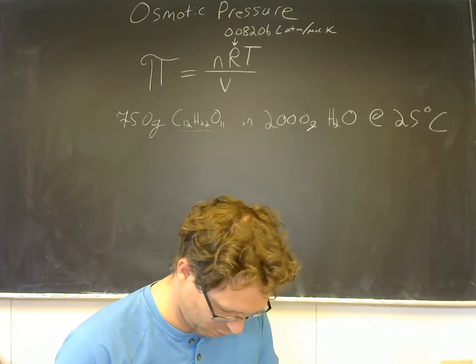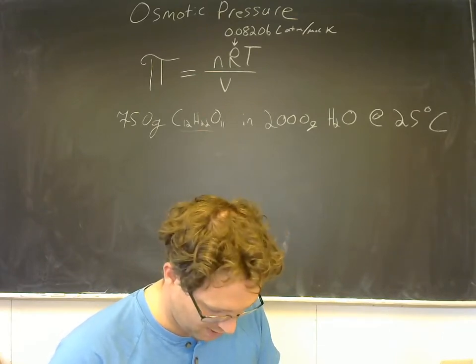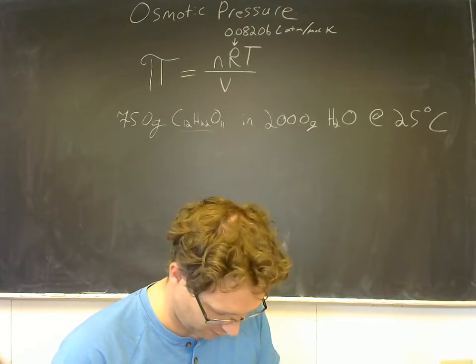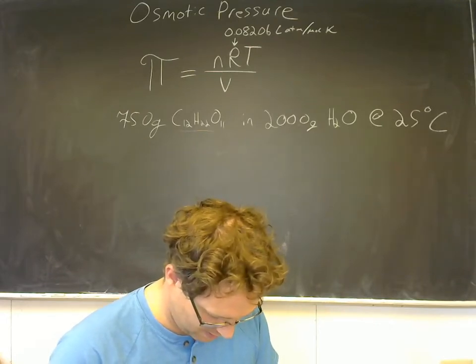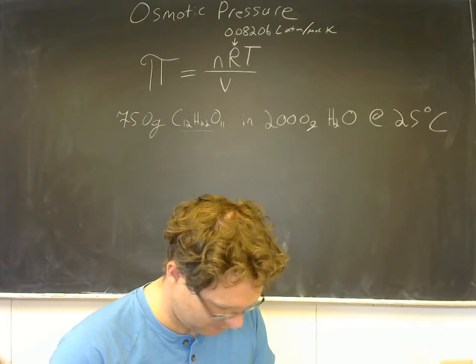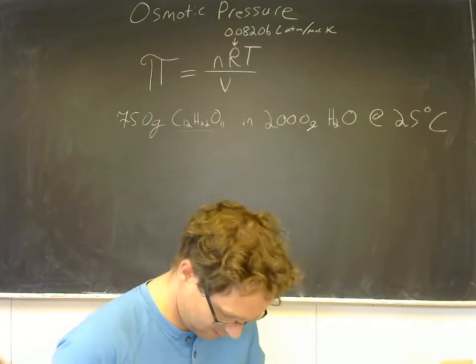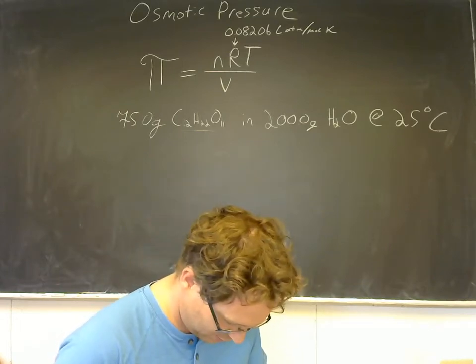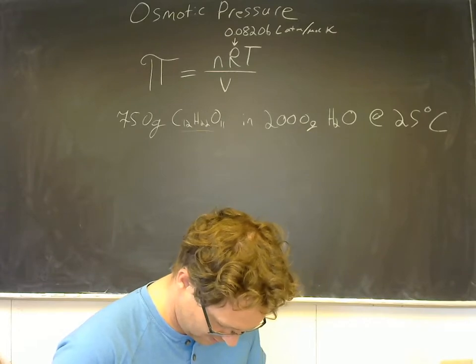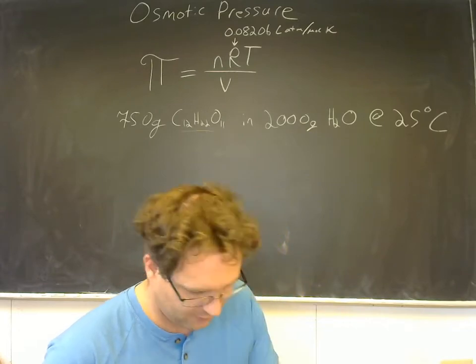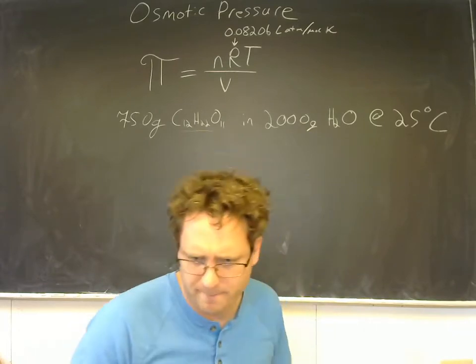Sorry, I am Googling the molar mass of sucrose here, C12H22O11. Okay, that's 342.3 grams per mole.